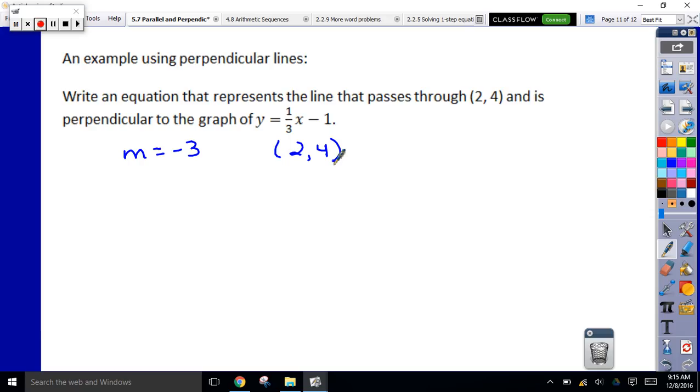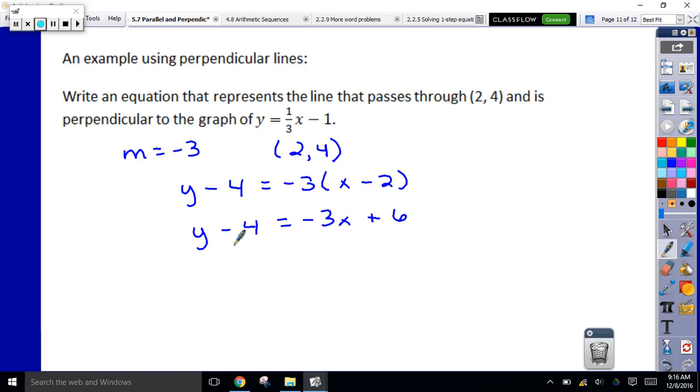And what would that be? Good. This one's nice because there's no fractions. So y minus 4 equals -3x plus 6. Adding 4 to both sides gives us y equals -3x plus 10.